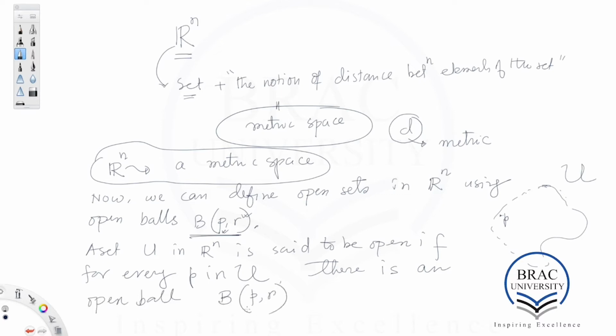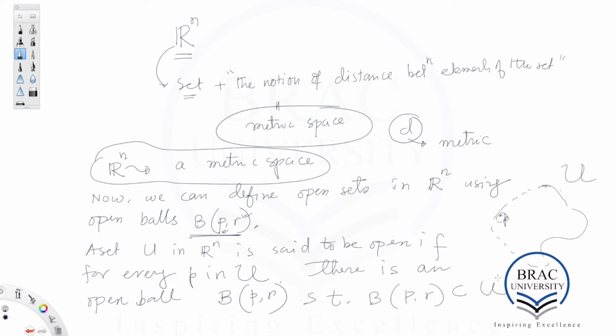What does that mean? That ball is going to be centered at P, and the radius of that ball would be R, in such a way that that ball is contained in U, such that B(P, R) is contained in U.